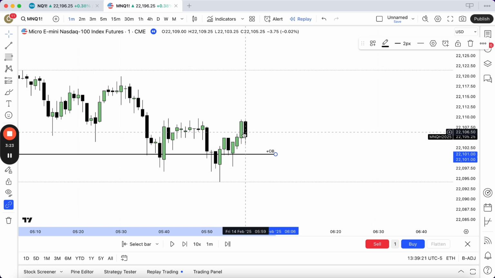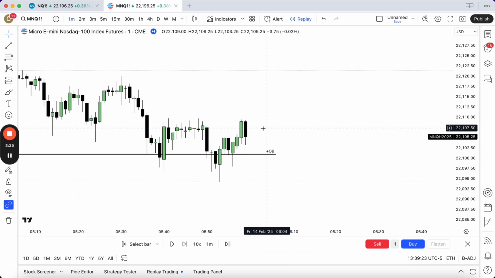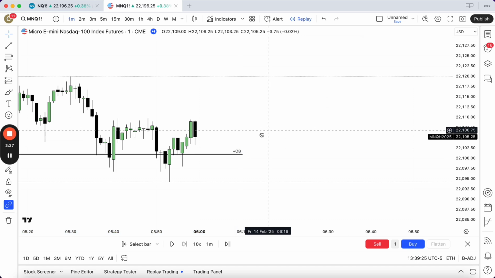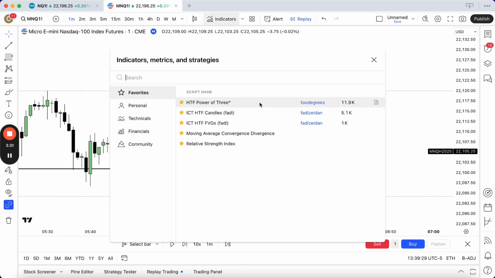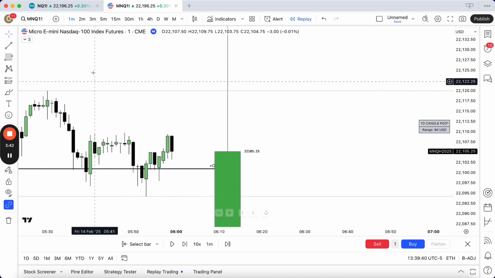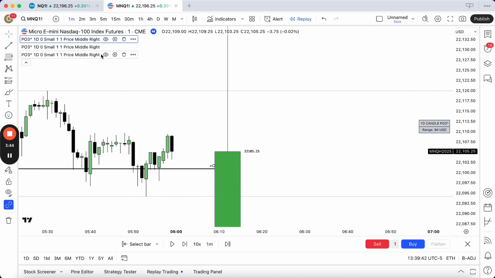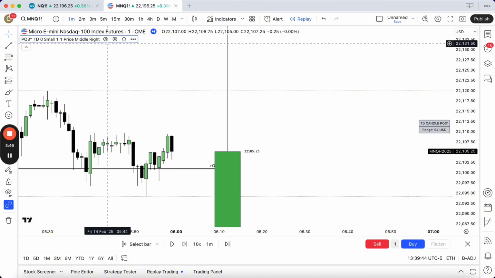And as soon as this 6 p.m. candle opens, I want to see, oh wait, let me put on, by the way, this is my indicator that I use for the 4-hour time frame, or 4-hour candle: Higher Time Frame Power of 3, 2 degrees. Let me just put that on the chart right there. These are my settings. Let me edit those. I don't want all of this stuff.